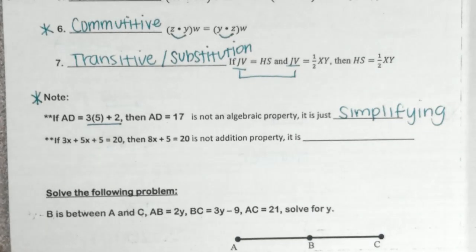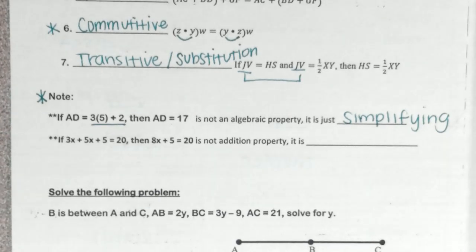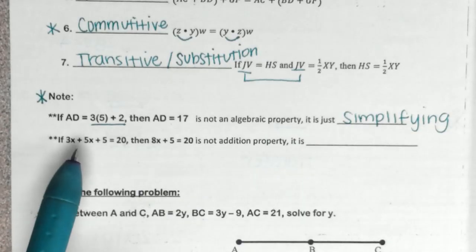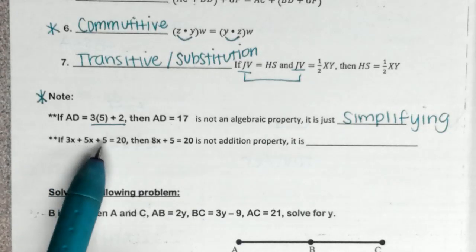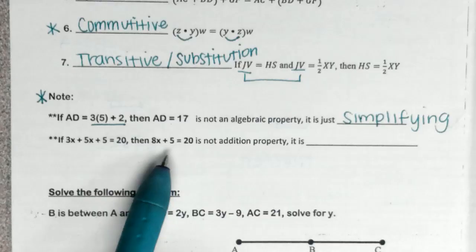Why is it not addition or multiplication property? It's two things, but is it doing anything to both sides? No. In order to be addition or multiplication property, it would have to do it to both sides. What about the next one? If 3x plus 5x plus 5 equals 20, then 8x plus 5 equals 20.